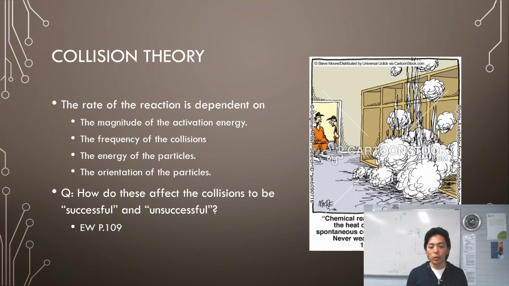Energy of the particles, if you didn't have enough energy for the system where those particles are in, they might not be moving fast enough. Orientation of the particles, if say molecules prefer to be face-to-face to form a product, if one was facing the other way, it just bounces off and it doesn't react.